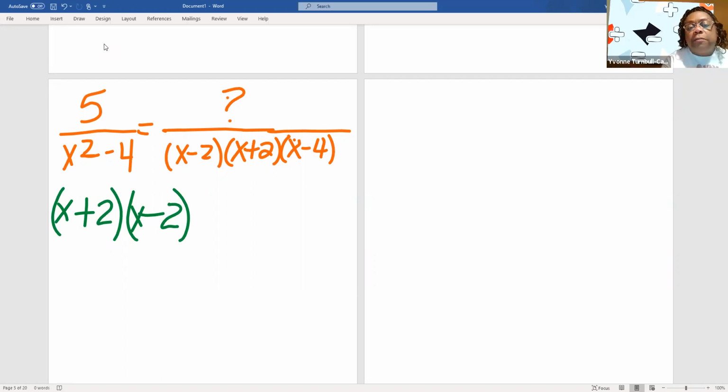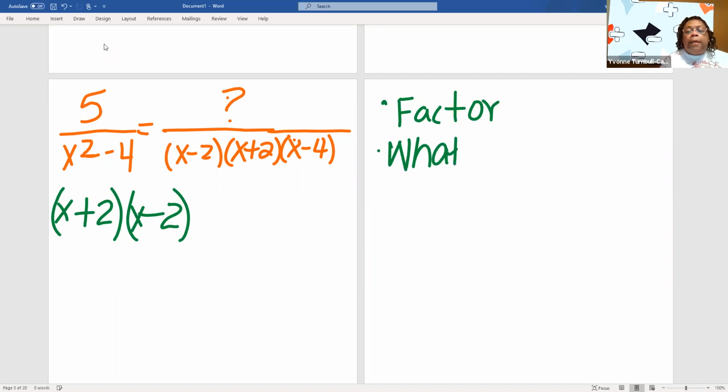So we factored. Now, this is what I share with students. You ask yourself, what factor is in the new denominator that's not in the old denominator?